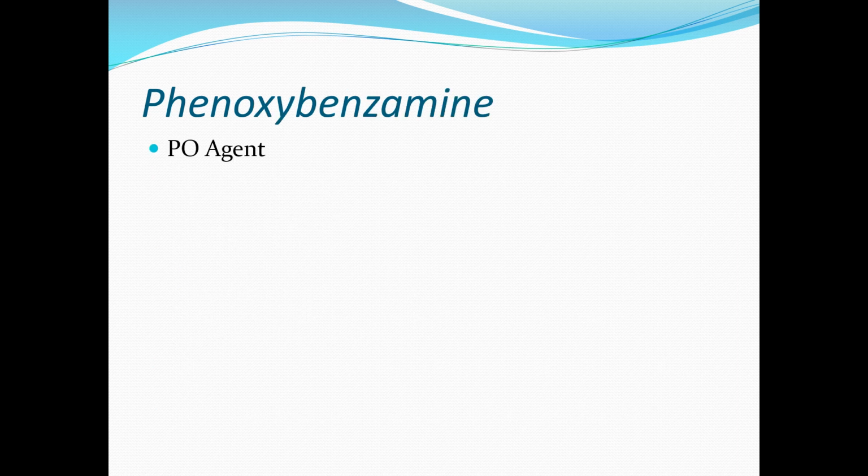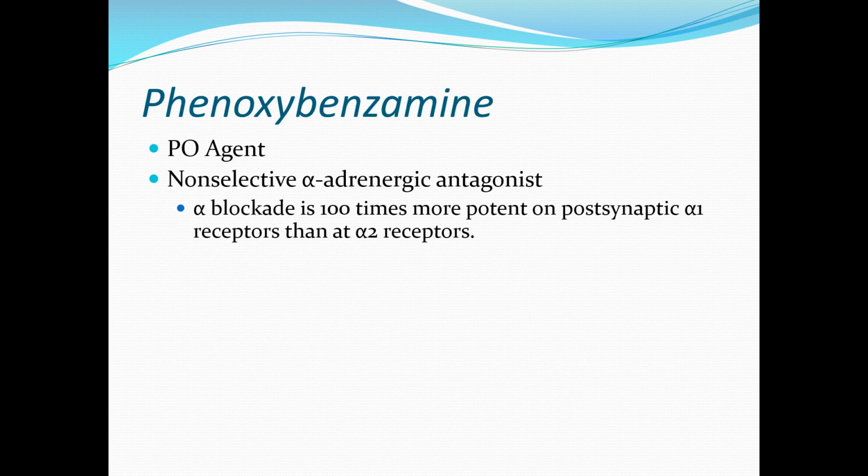Phenoxybenzamine is the PO equivalent of phentolamine, and it's again a non-selective alpha adrenergic antagonist. Its alpha blockade is about 100 times more potent on postsynaptic alpha 1 receptors than the alpha 2 receptors, though.